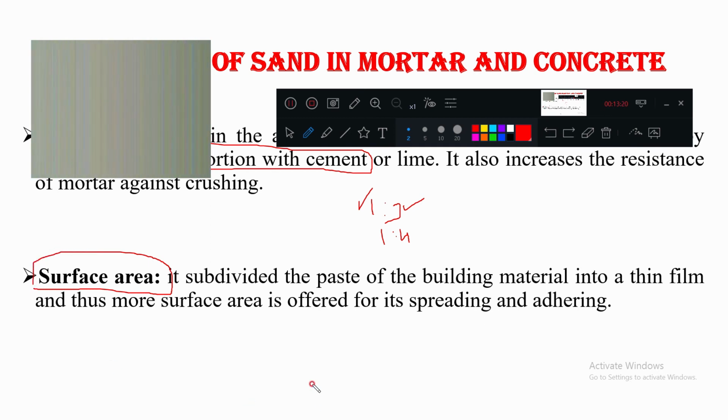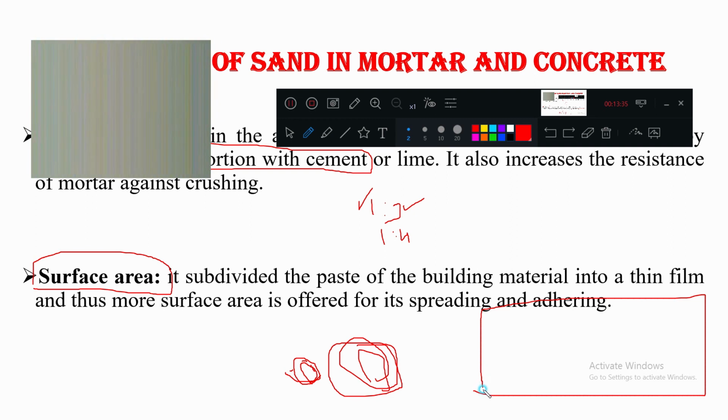More surface area means that by adding sand, the total surface area of the particles is increased. So what is happening? More surface area means wall coverage: if you are doing a plaster, you can cover that plaster over a larger area. So that is the point here. Here you can get a larger surface area.